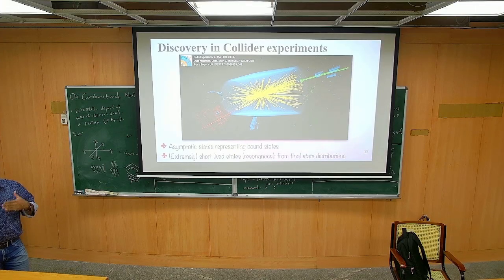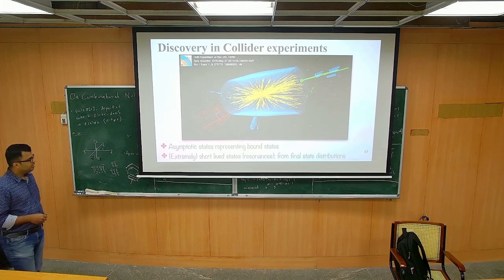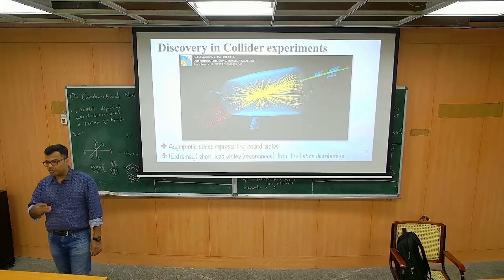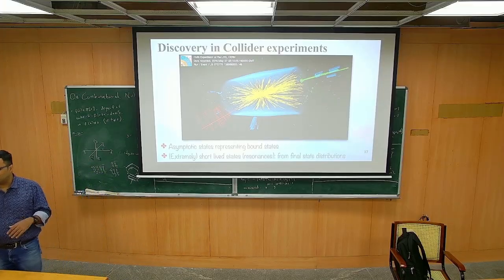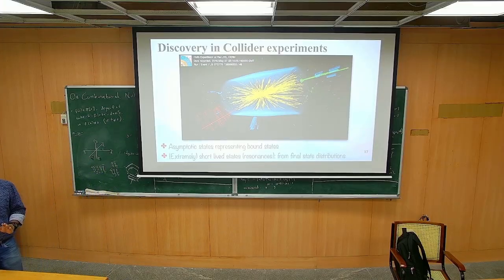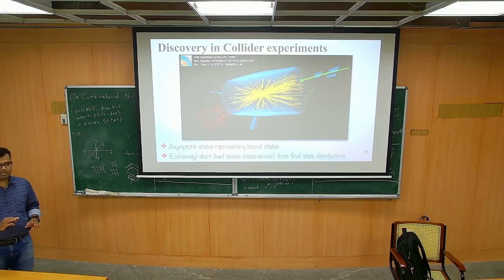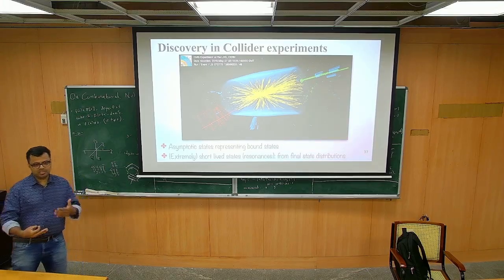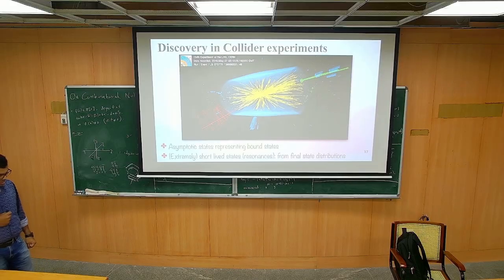Four-star means it's very well determined, fewer stars means less well determined. Some of them even have one star, which basically means whether they exist or not is not even sure. We just found some signature in the experiment, and we hope that they really exist, and we will try to accumulate more and more information from experiments.